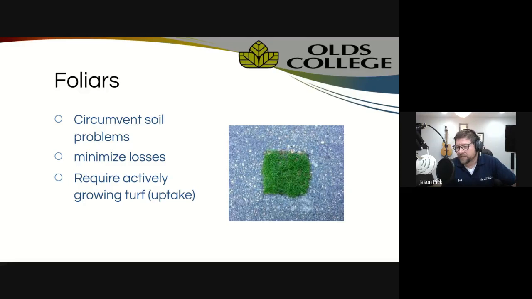With foliars, that's the one thing you can do. The water, of course, is a bit of an exaggeration, but the foliars will bypass anything going on at the root level. And this is why your foliar programs work so well. Minimizing losses, circumventing soil problems. What can I say? You can grow just about anywhere with foliars.